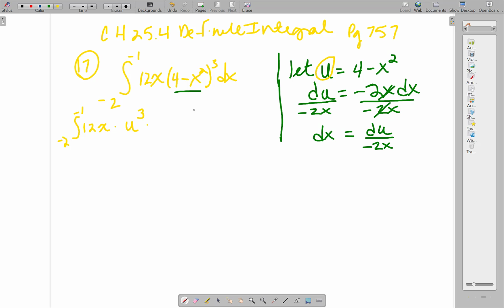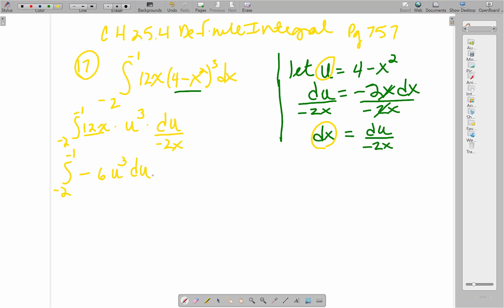And what is dx equal to? dx is equal to du over -2x. So this is like one big multiplication problem. Let's simplify what we can. The 12x and the -2x divide, the x's cross out, and we're left with -6u to the third du.